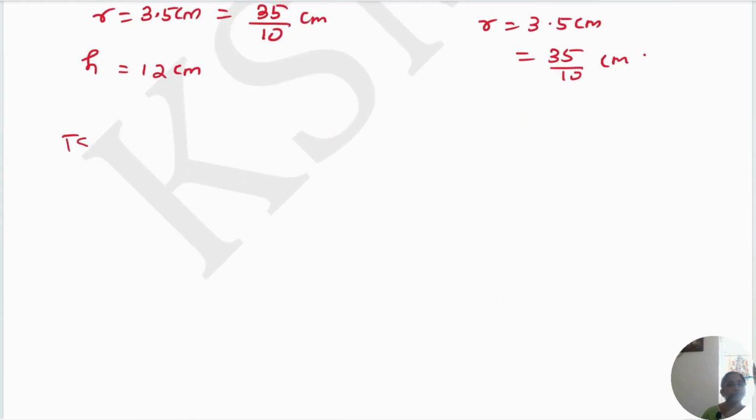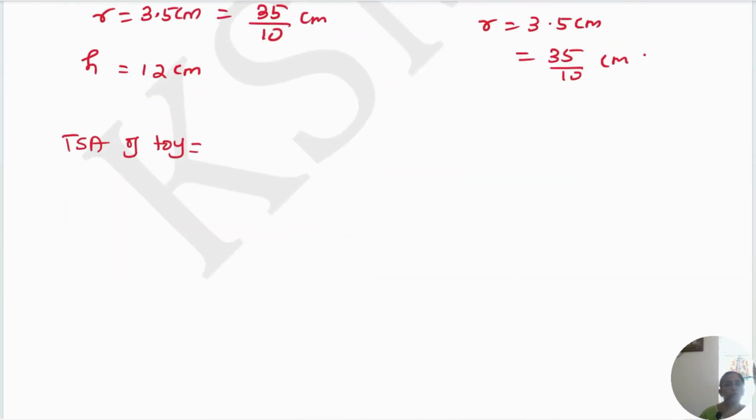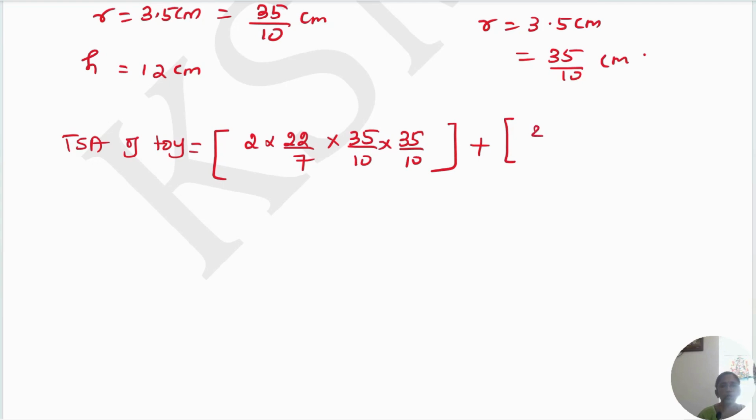So TSA of the toy. Our formula is 2 pi r square plus pi r l. So 2 pi r square, so 35 by 10, 2 times in multiplication pi r square, and plus here this value. So you can take this bracket this way and now here this is pi r l. So pi into r.